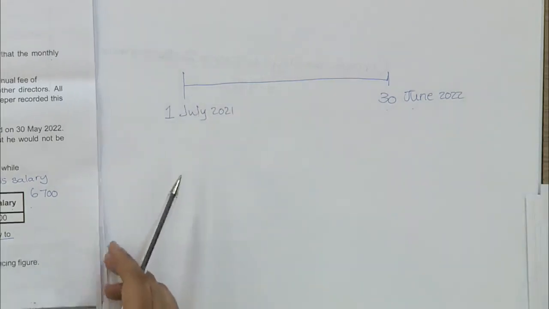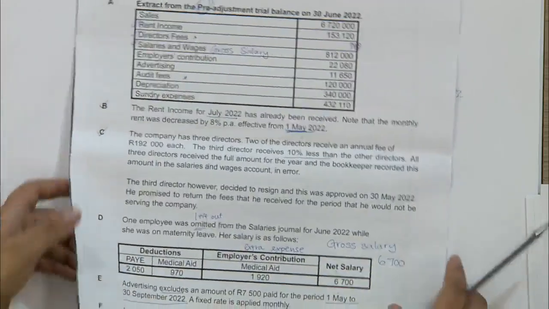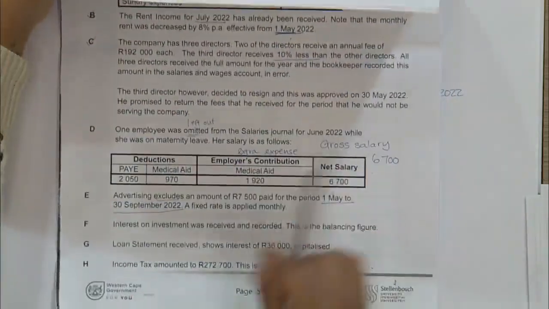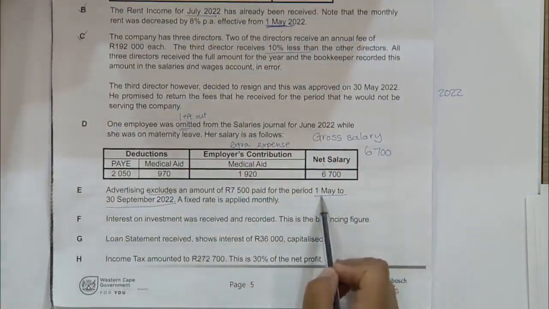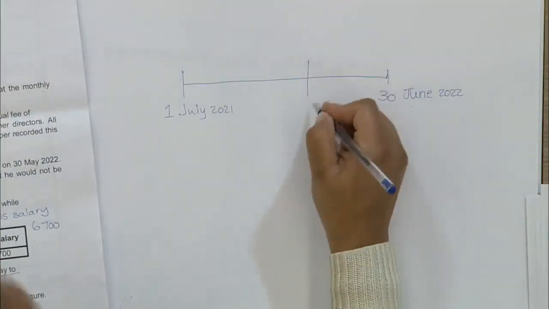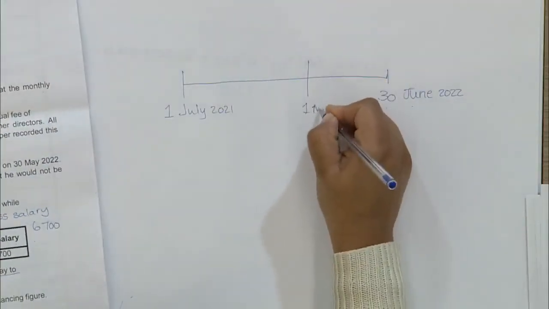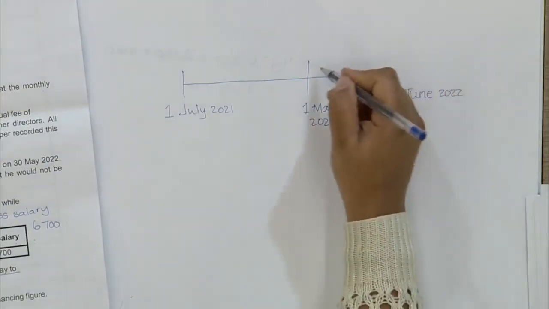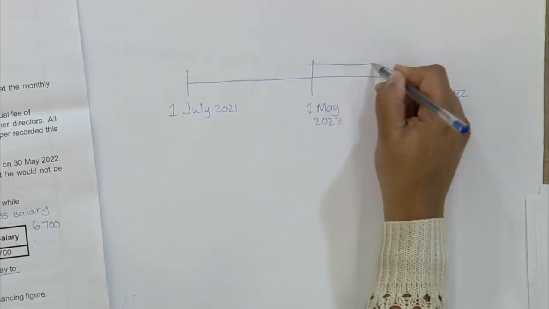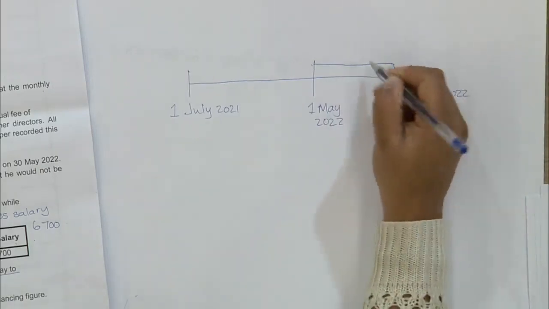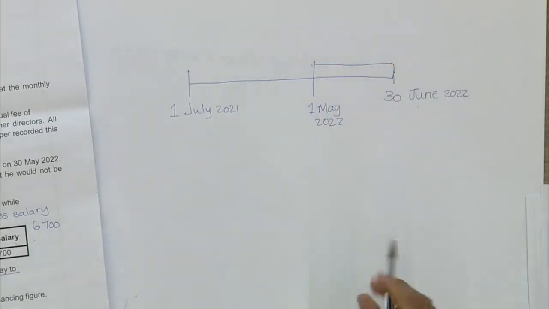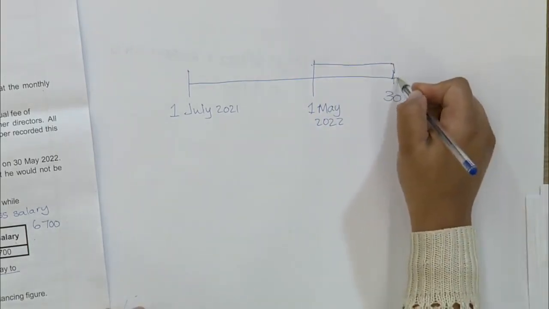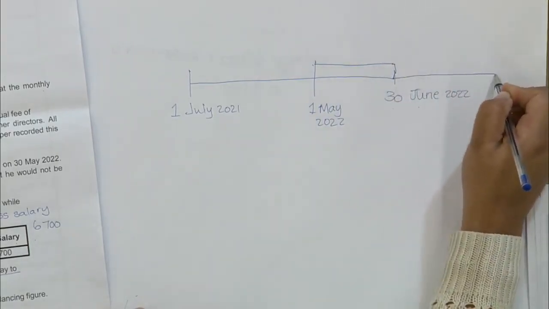When did we make this advertising payment? We made it when? On the 1st of May 2022. So it means that only from the 1st of May to the end of June is what we should be taking into account. Now remember, advertising was paid up until when?